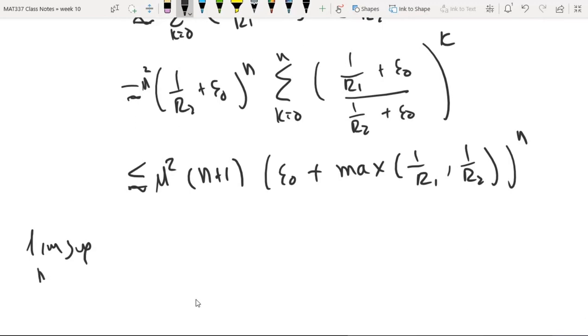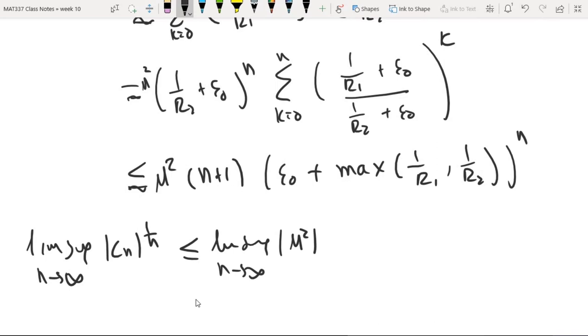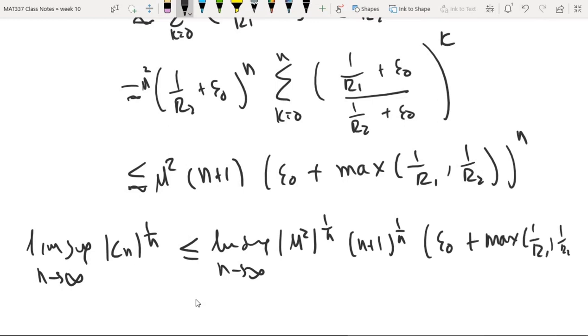So lim sup of Cn to the 1 over n is less than lim sup of n squared to the 1 over n, n plus 1 to the 1 over n, and then epsilon naught to the 2n over n.